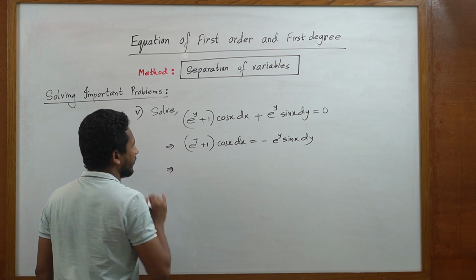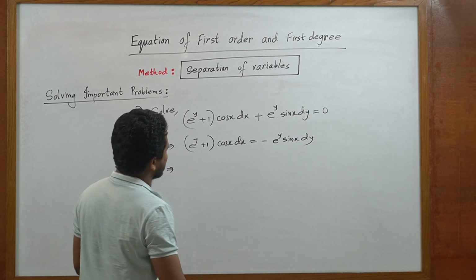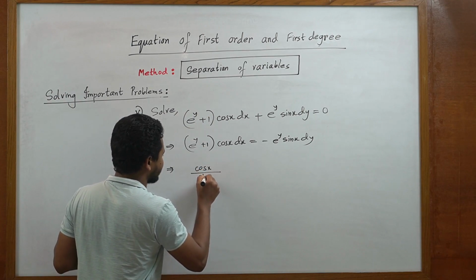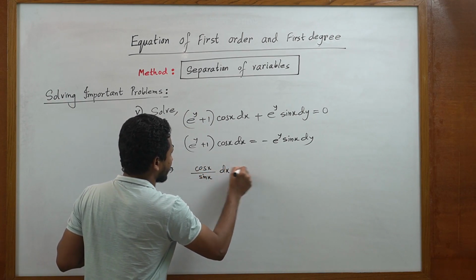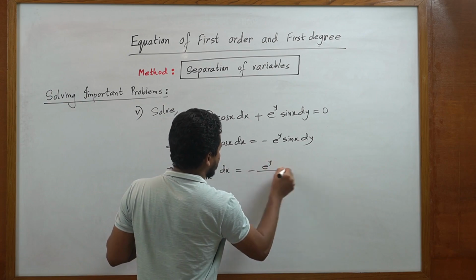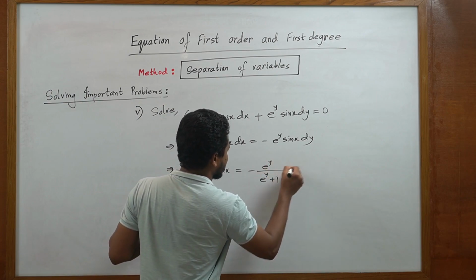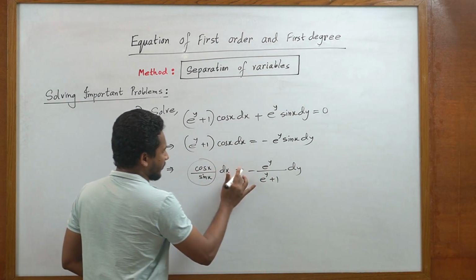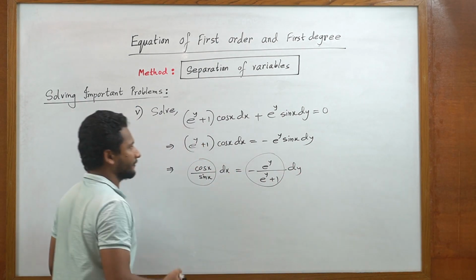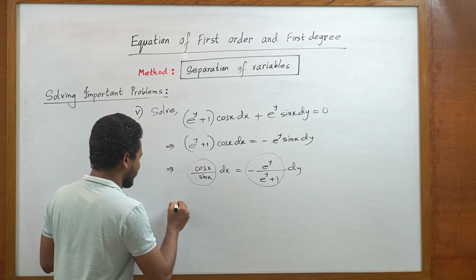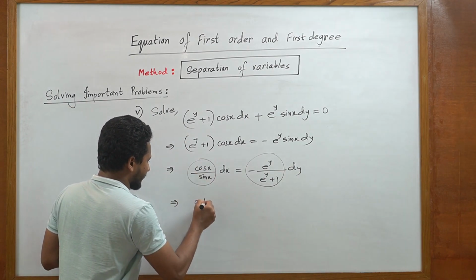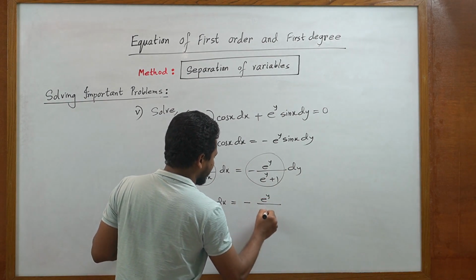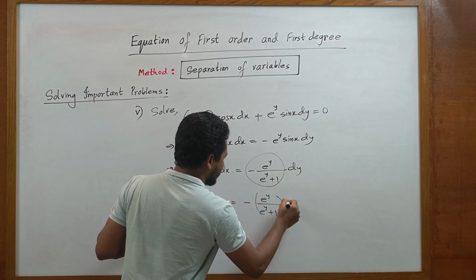Then all x functions should be on one side and all y functions on the other side. Okay, f of x dx equals f of y dy. Clear? cot x dx equals minus e to the power y by (e to the power y plus 1) dy.